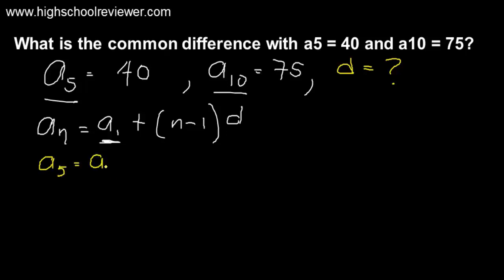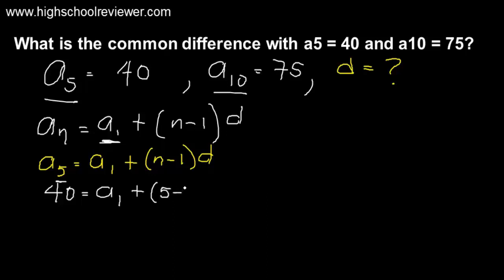So the equation here for a sub 5 is a sub 5 equal to a sub 1 plus n minus 1 multiplied by d. We have a value for a sub 5. Our a sub 5 is positive 40. This is equal to a sub 1 plus, since this is the 5th term, our n is 5 minus 1 multiplied by d.